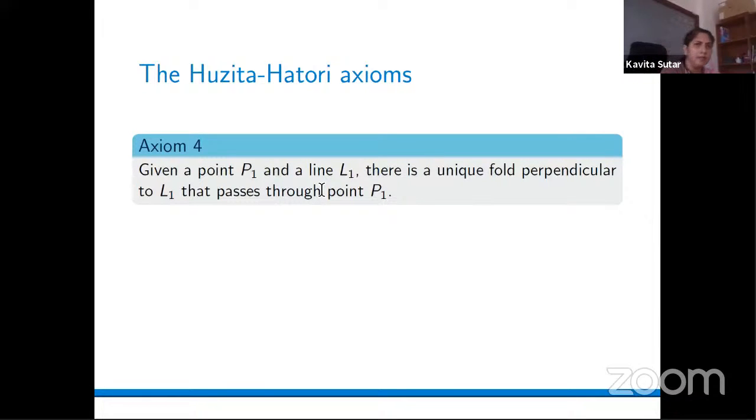Okay, let me take another piece of paper here. In this case, you're given a point P1 and a line L1. And then you're saying that there is a unique fold which is perpendicular to L1 and passes through the point P1. So here is my point P1, let's say, and this is my line L1.